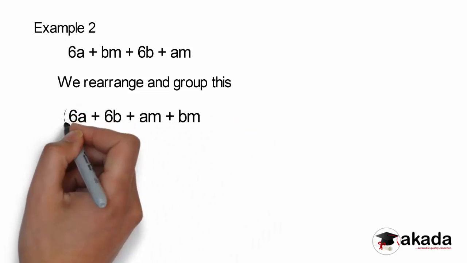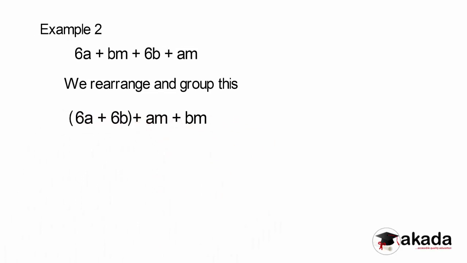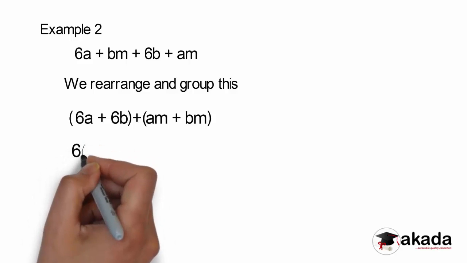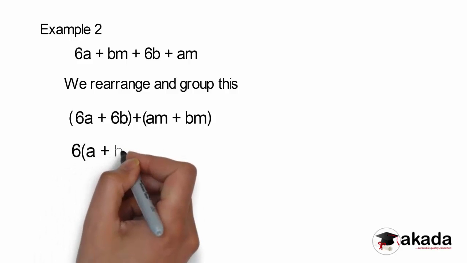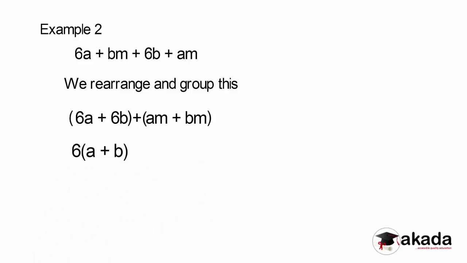So how do we group? We group with brackets. So I'm going to group my 6a and 6b, and am and bm. Then we check the common factors. For the first group here, I have 6 to be common to 6a and 6b, so I bring 6 out, so I'm left with (a + b) in the bracket. Also in the second group, am + bm, I have m to be common to both.